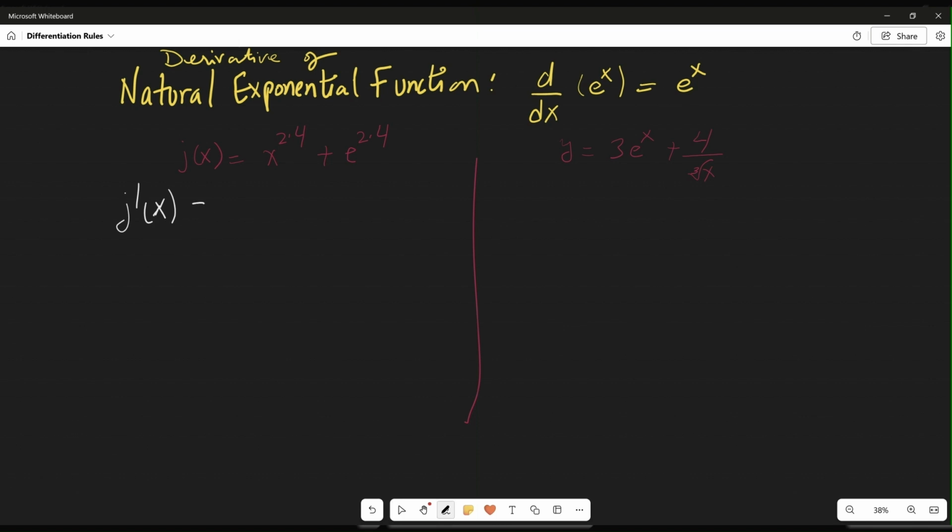This is equal to simply derivative of this power function plus derivative of this with respect to x, right?